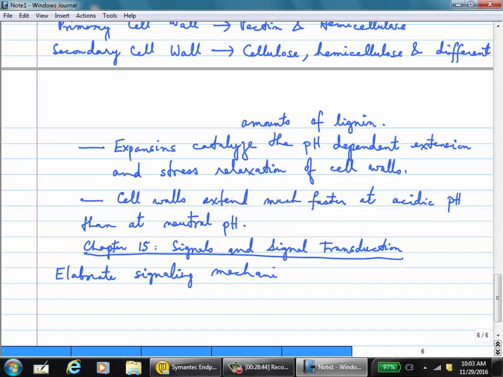All that is achieved basically by turning on the right genes at the right location and at the right time, so that you don't get abnormalities. So plants also, the same kind of thing has to happen. So elaborate signaling mechanisms are involved in plant development.